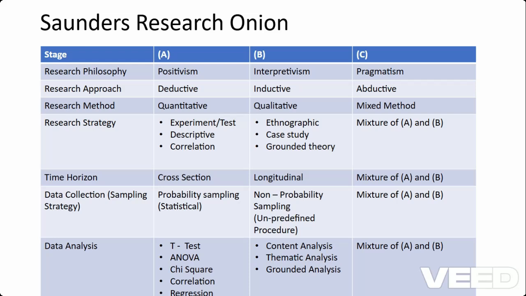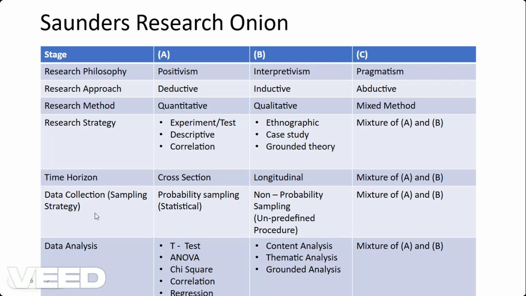People are subjective, and subjectivism changes with time. The idea you have, the opinion you have today may change with time. So a longitudinal time horizon is appropriate for interpretivism, and for an inductive research approach, and also for qualitative research methods.